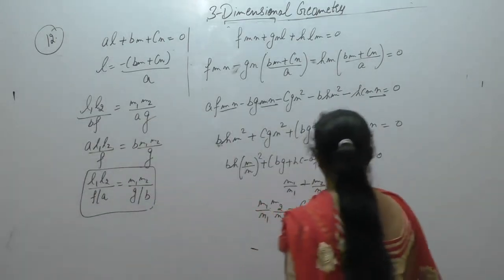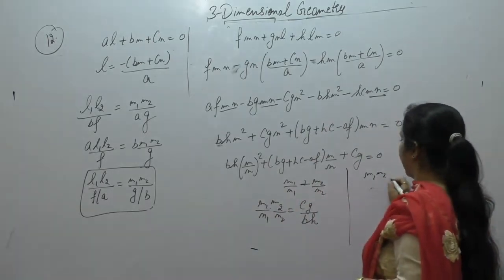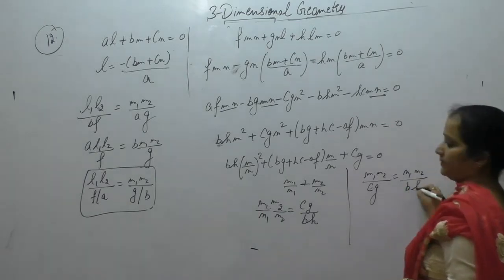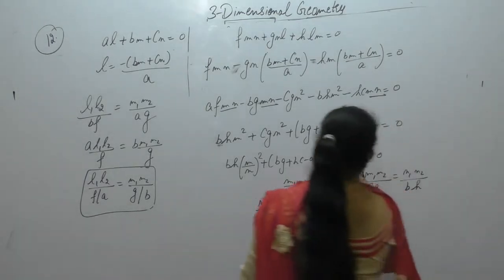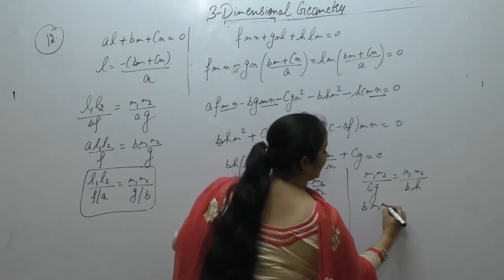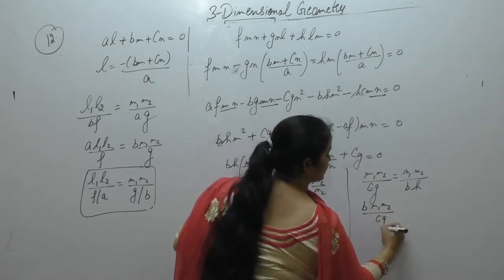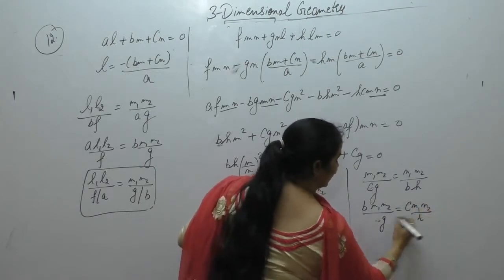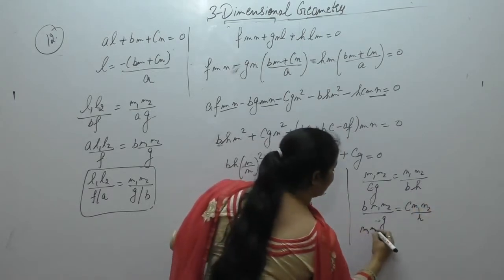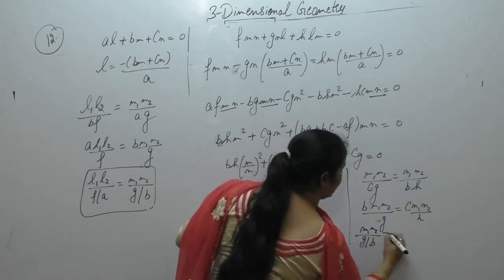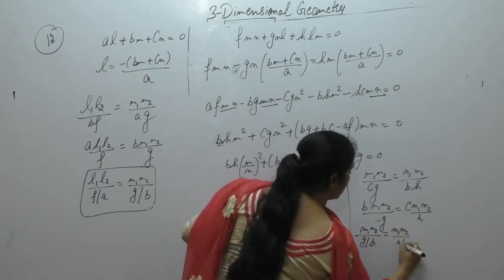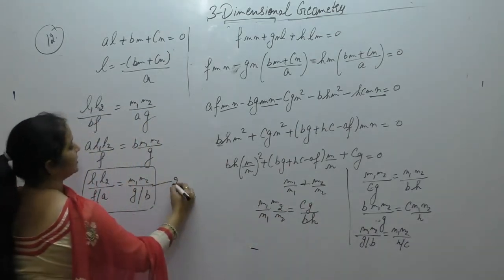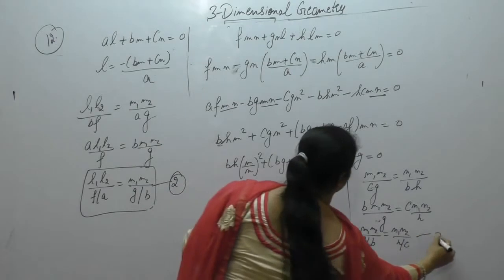So what we get here? m1 m2 upon cg, n1 n2 upon bh. b goes on this side, c goes on the right hand side. We can write it as m1 m2 upon g upon b, n1 n2 upon h upon c. Let this equation be 2 and 3.